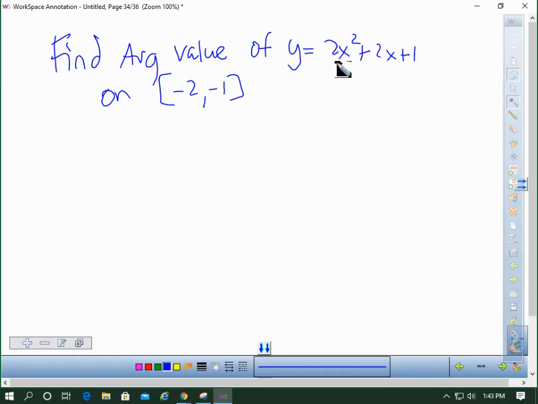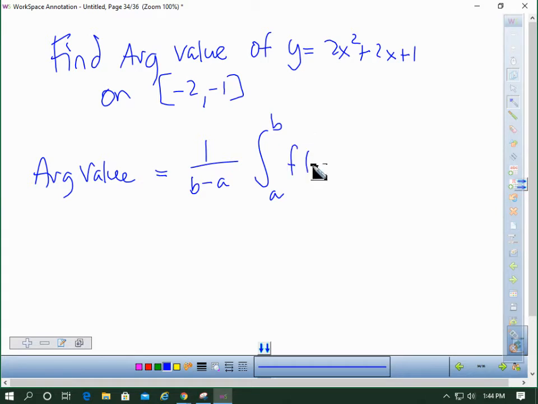And this is a polynomial, so of course it's going to be continuous and differentiable. So there is an average value for this. The formula for average value is just rewriting the mean value theorem. So it's 1 over b minus a times the integral from a to b of your function that you're taking the average of, right? And we want the average of this, so there's going to be our function.